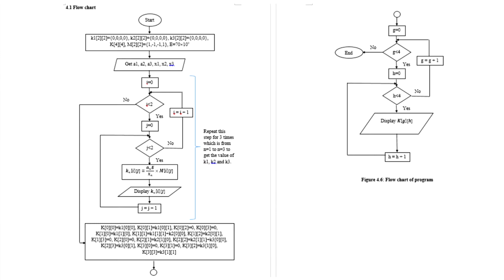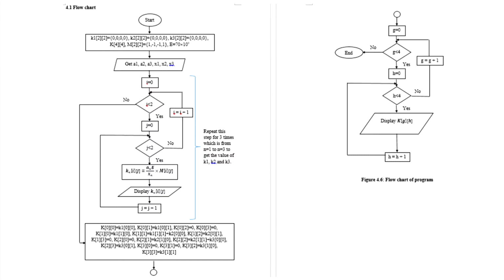Now we can use the same method by repeating all these steps, from n1 to n3, to get the values of k1, k2 and k3. After getting k1, k2 and k3, k is the local stiffness, and now we want to find the global structural stiffness with capital letter K.